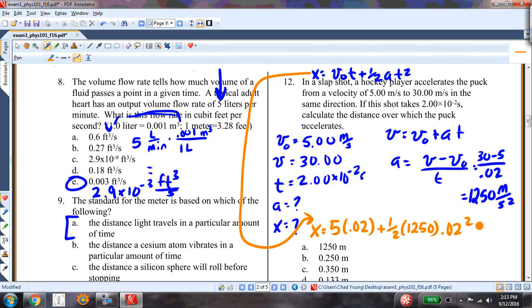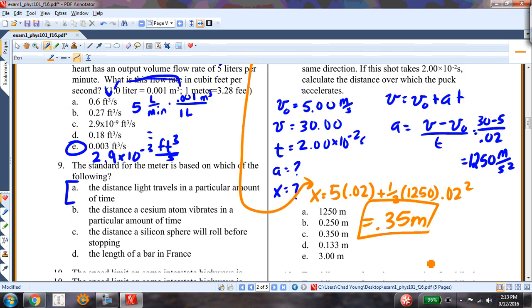And then that'll tell me what my distance is. 0.35 meters, 0.35. All right, so C is the right answer for number 12.